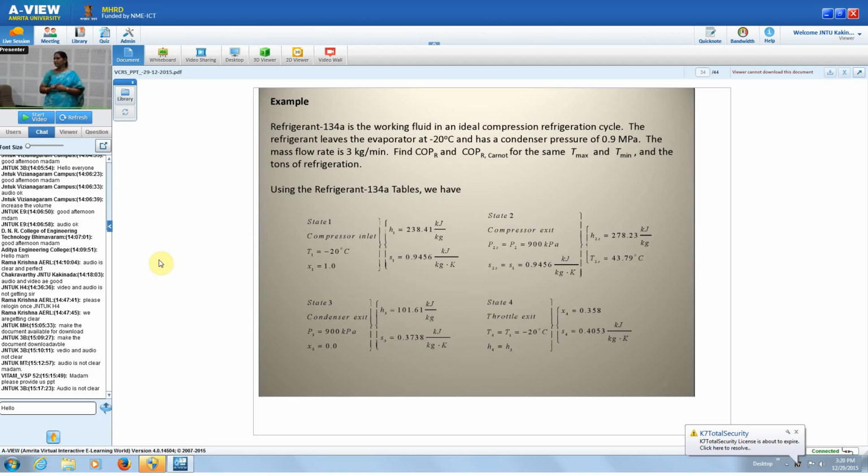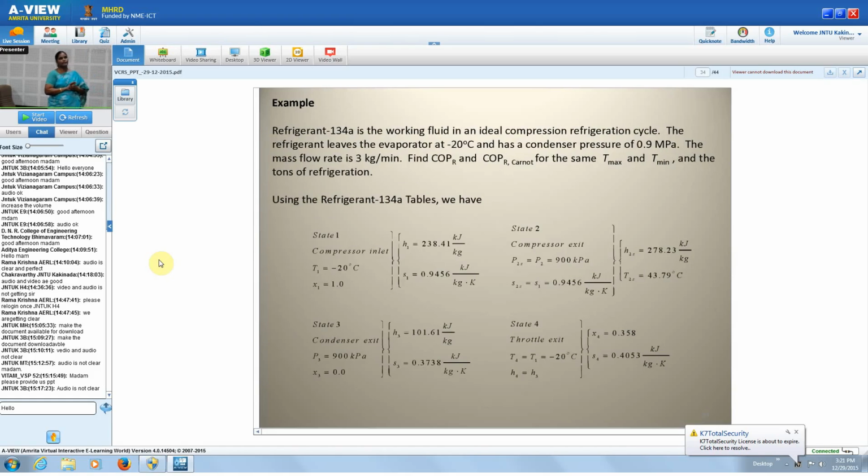Nothing is mentioned about the state at the suction of the compressor, whether it is wet or dry. So you can assume that at the suction of the compressor, the refrigerant is in dry and saturated condition. So T1 is minus 20 degrees centigrade and the pressure is given, that is 900 kilopascal.